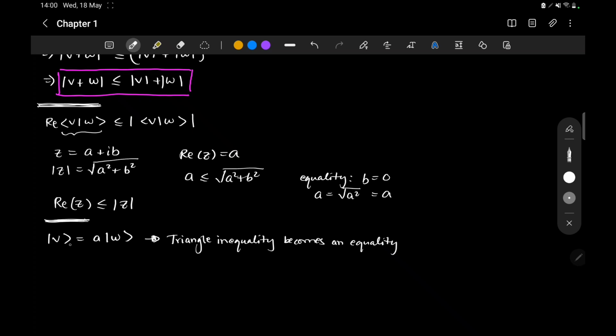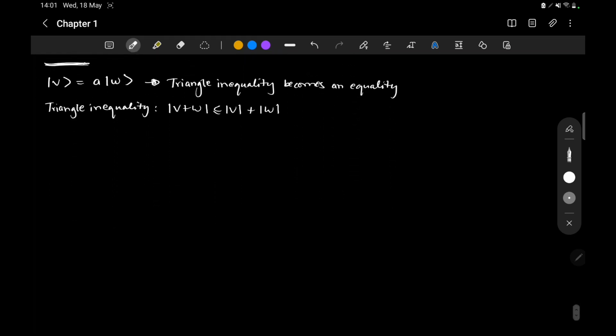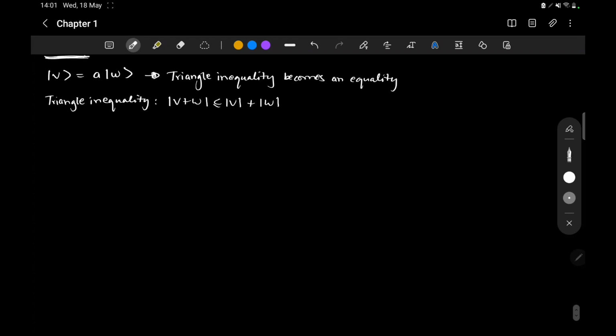So let us see our triangle inequality states the following. Now we are given that v is a scalar multiple of w and a is a positive real scalar. So let us start from the left hand side.